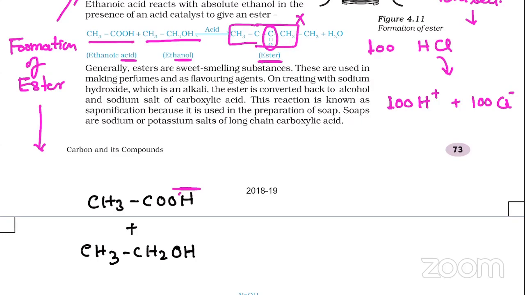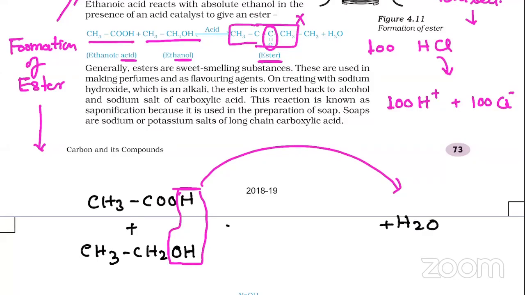So H and OH is going out as water. So I'm writing here H2O, and the product is CH3 C double bond O, and here single bond O.